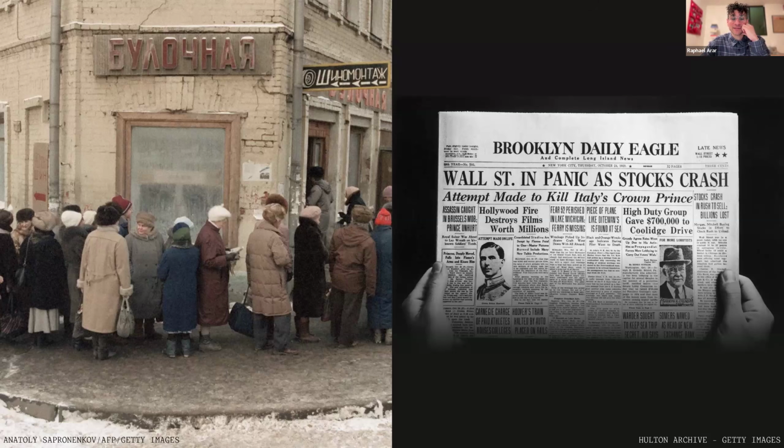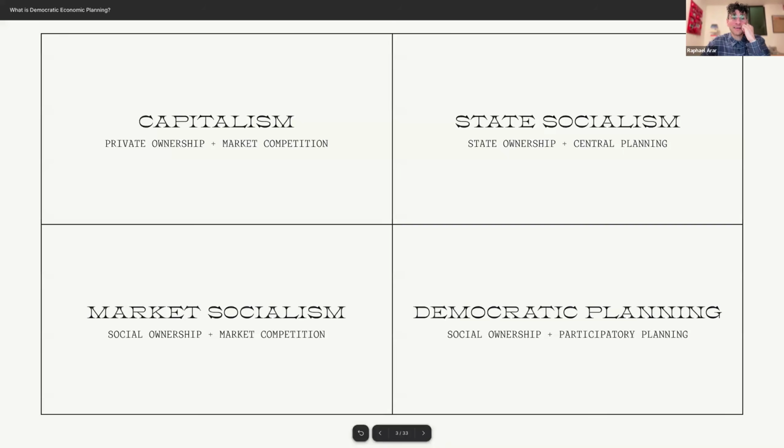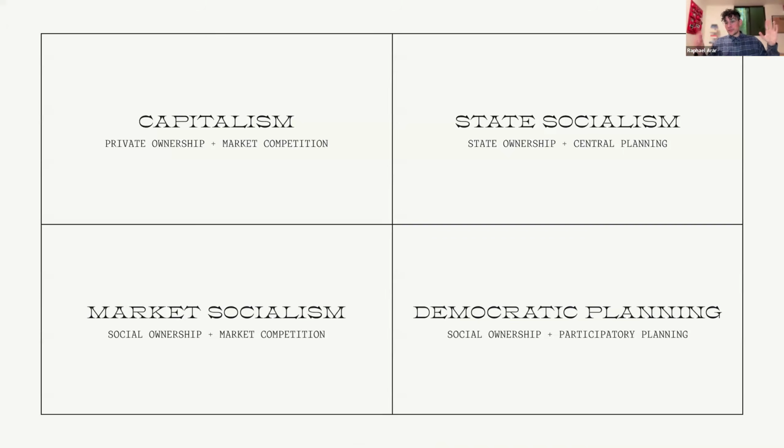Cool. That gets us to, I think, this map of the territory. And this isn't exhaustive. And one could argue that it's a pretty reductive way of breaking things down, but I actually think it's quite helpful. So when people discuss economic alternatives, the conversation often collapses on this single axis.